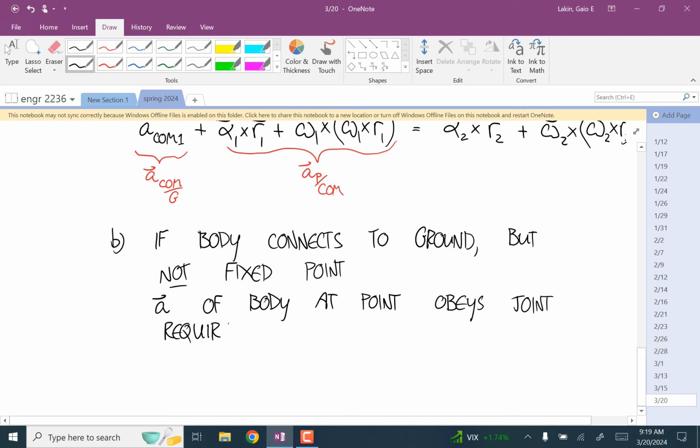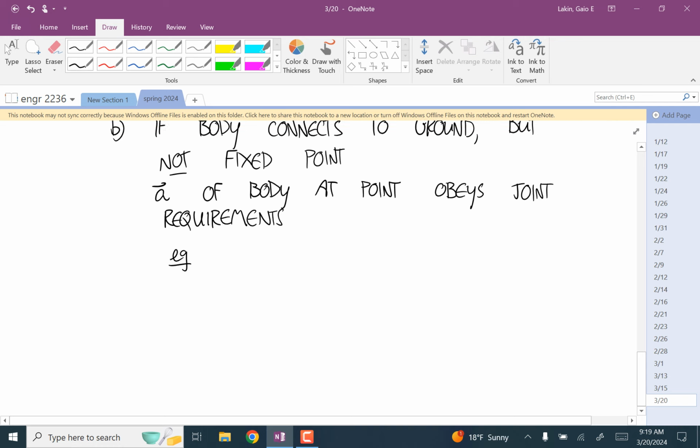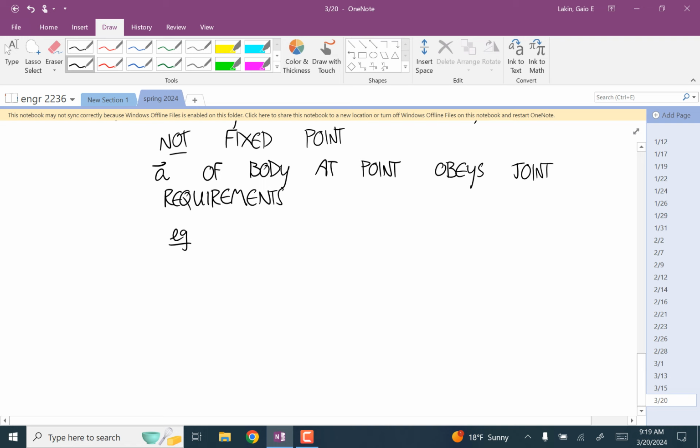Okay, so what's an example of that? So for example, say that the body connects to the ground via a pin and slot joint. Okay, well, so let's say this is the ground.